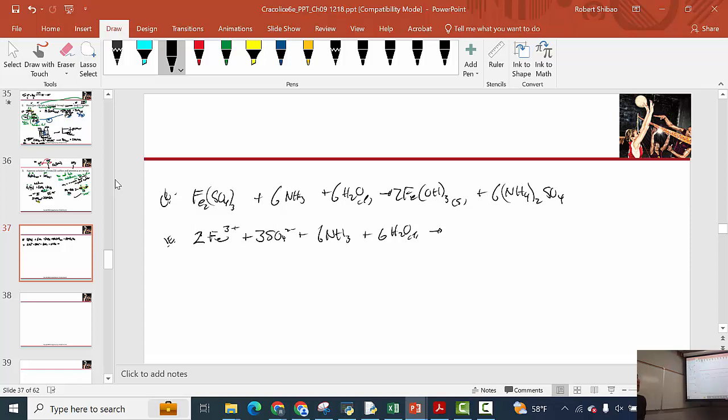If it's an acid, we name it differently. So is it a soluble ionic compound or an insoluble ionic compound? That's a salt, but it's easier just to say salt. Is it a soluble salt or an insoluble salt? It's an insoluble salt, and therefore leave it alone.